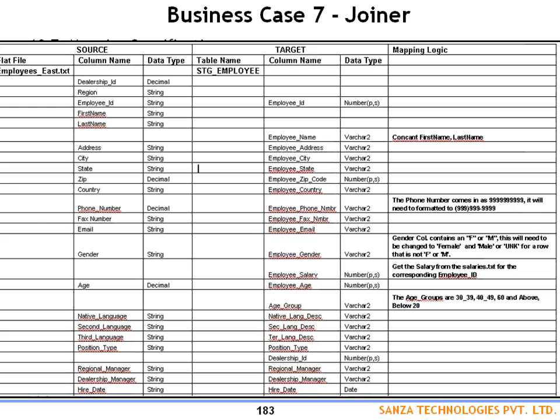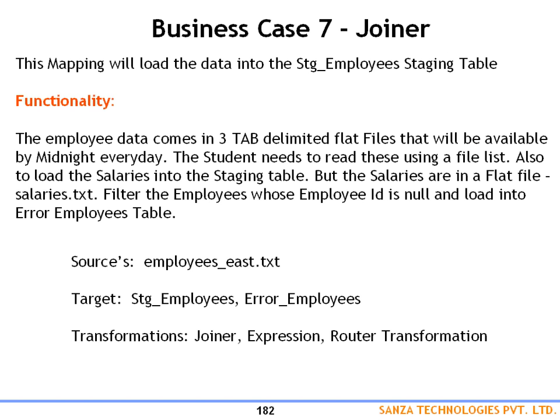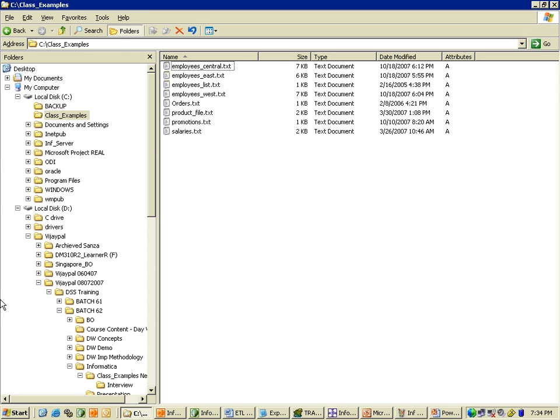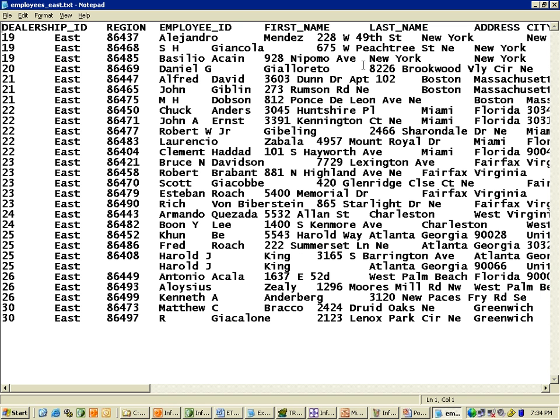So, what we do, there are 2 sources, employees and salaries also as a flat file. Let us discuss this. In the C: class we have the file called employees.